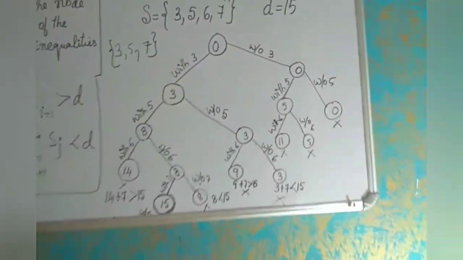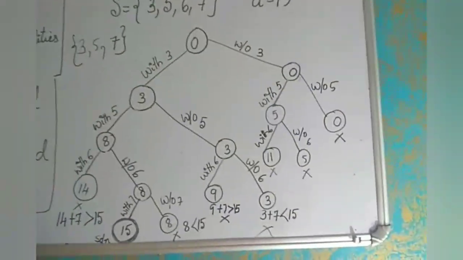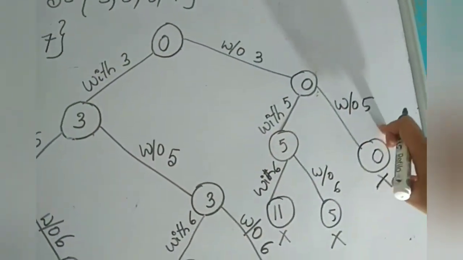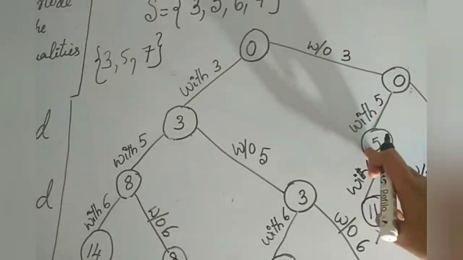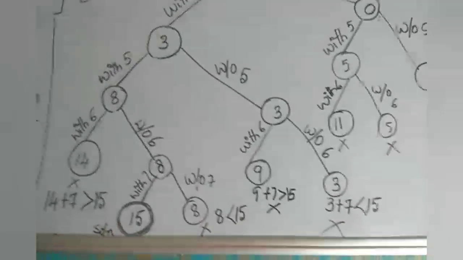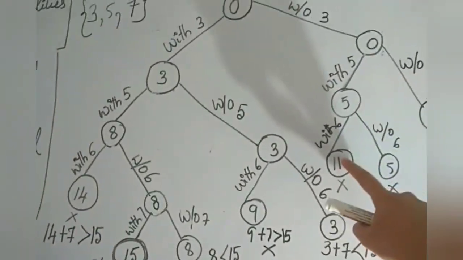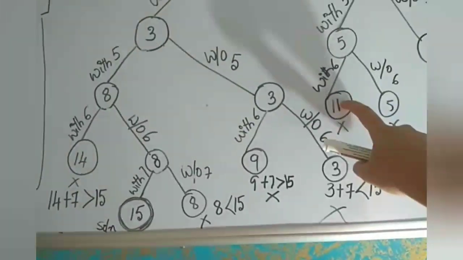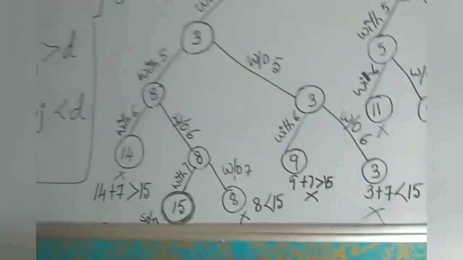From the second level you are going to the third level, so in that case you have to consider the second item, that is 5. So here I have considered 5. With the 5 what happens, without 5 what happens? With the 5, 0 plus 5 is 5. Then again the third element, with the 6 what happens, it is 11. Without 6 what happens, 5. So again from here it is 11.